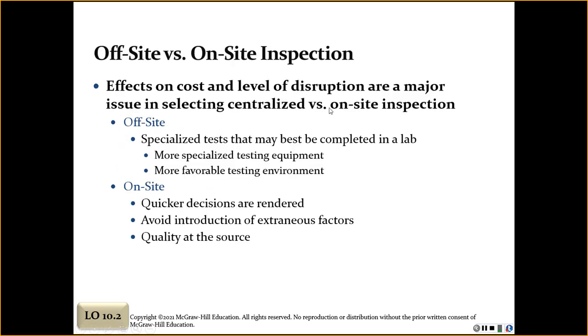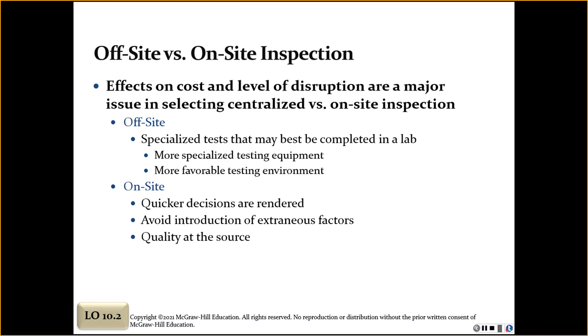Alright, so when inspections are performed, companies have to decide whether to perform the inspections off-site or centralized versus on-site. This depends on the effect on the cost and the level of disruption for the production of that product or service.